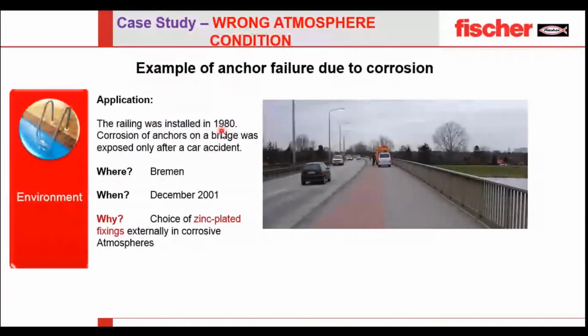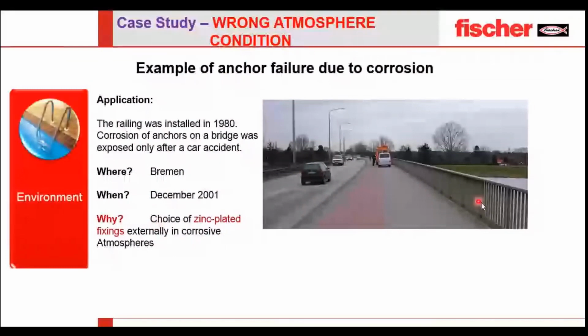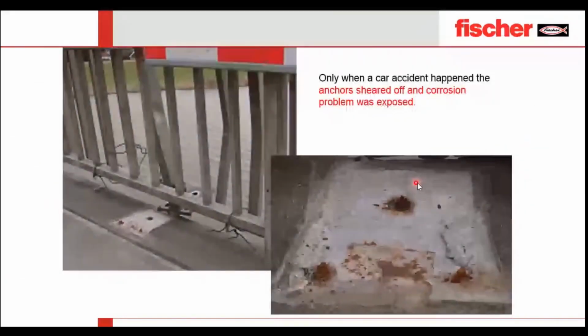Now let's look at the next case, when you have a wrong atmospheric condition. You can see a beautiful scenario here. It's an image in Bremen in 2011. What happened here is that a car accident happened on the handrail. If we go to the next slide, you can see the failure. If you go to the previous slide, you can see how beautifully they installed it and how beautifully it was withstanding. But when a car collided with the balustrade, you saw the failure.